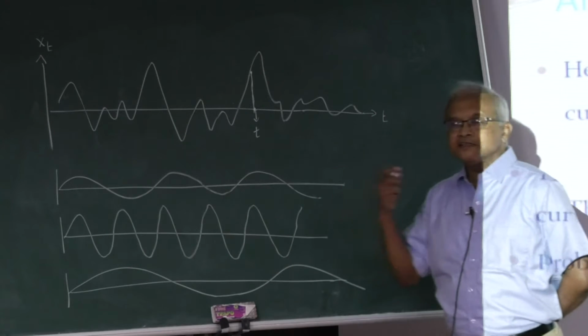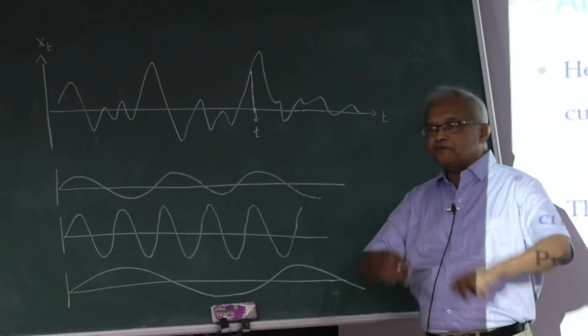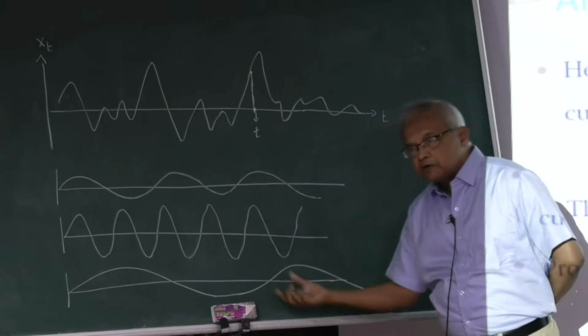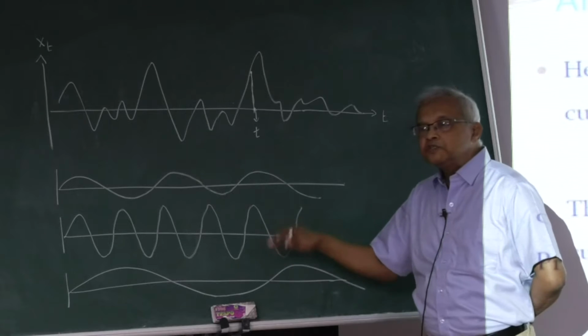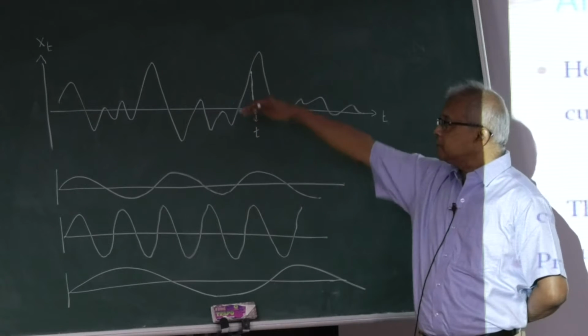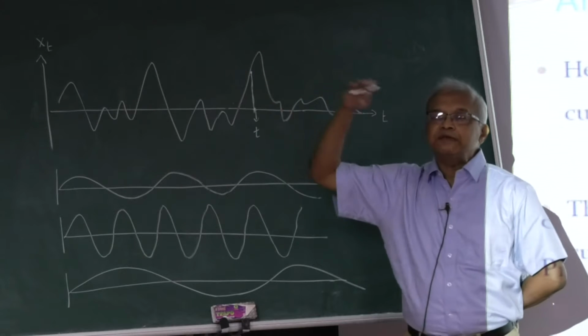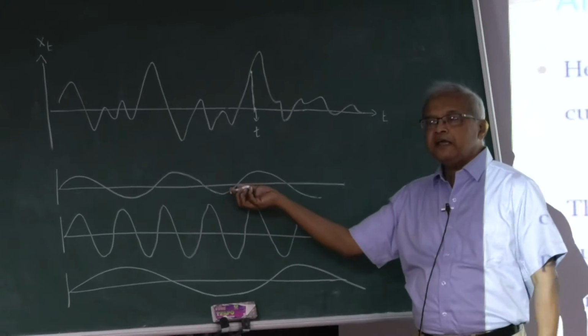So the problem here is to identify such curves, not too many of course, because if you have too many, then the whole purpose would be defeated. A few such simple curves which superimposed on each other give us something very close to this. So that is basically what we do in the frequency domain, trying to identify these curves.